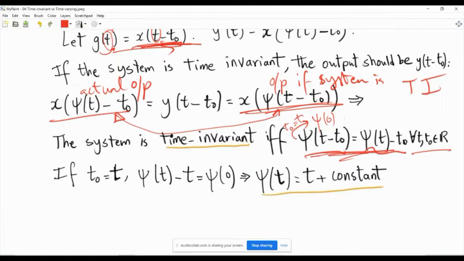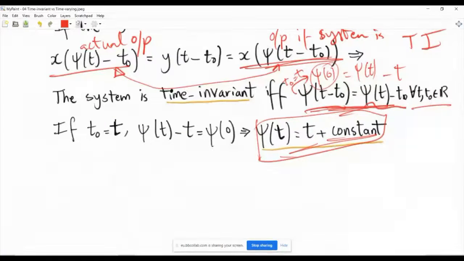In that case, psi of t minus t is equal to psi of 0, which is a number, the value of function psi at 0, and so psi of t is t plus this number, which is a constant. So our system is time invariant if, and only if, the function psi of t is t plus a constant.